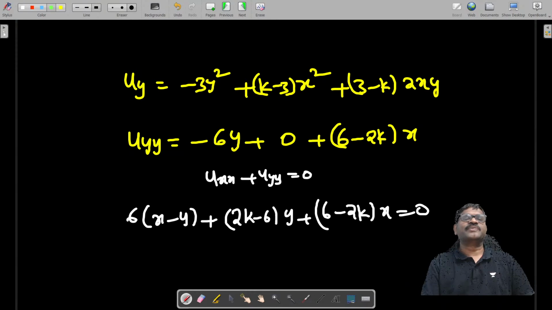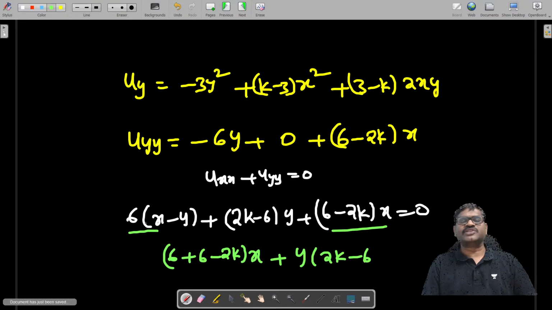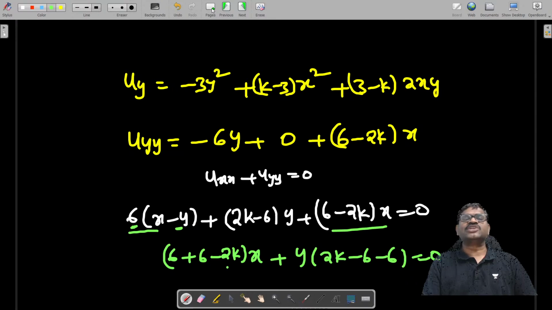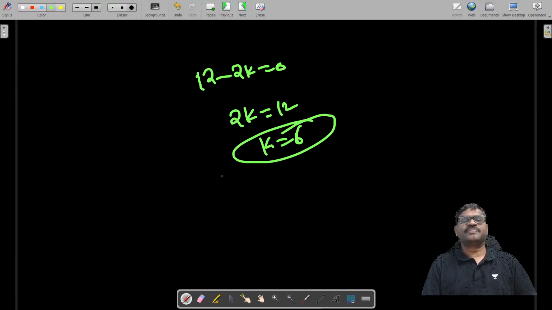Now do one thing. Here we have 6x. Here we have 6 minus 2kx. 6 plus 6 minus 2k of x plus y into 2k minus 6. 6 into minus 1 minus 6 equal to 0. Therefore, 12 minus 2k equal to 0. 2k equal to 12, therefore the value of k is 6.